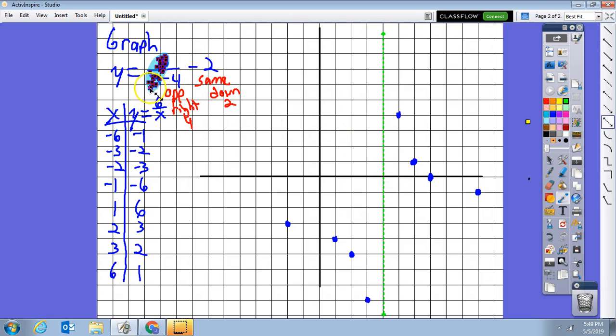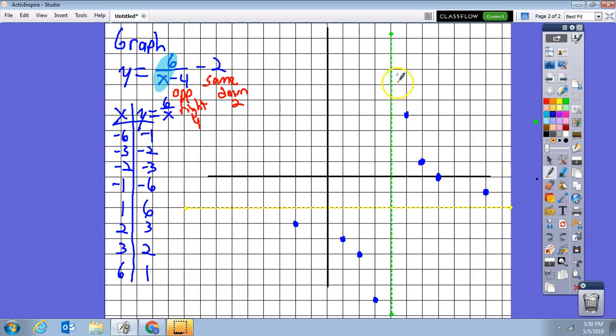If you plug in 4, it'll be 4 minus 4, which is 0 on the bottom of the fraction. And then your horizontal asymptote is going to move from the axis down 2 spaces to negative 2, because it moves the whole graph right 4 and down 2. So your new vertical asymptote is here, and your new horizontal asymptote is here.